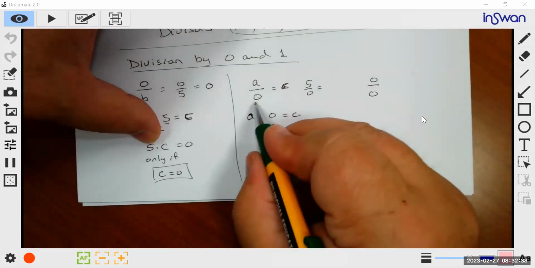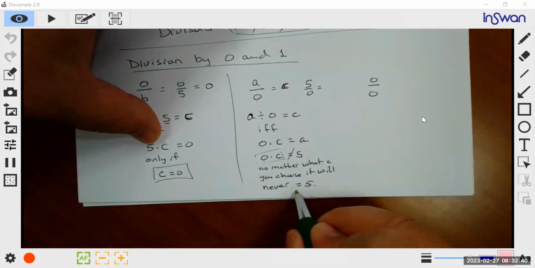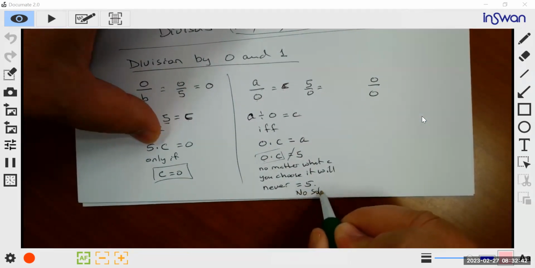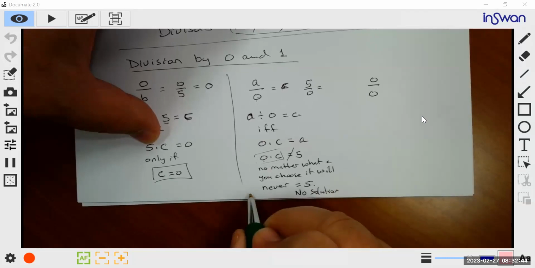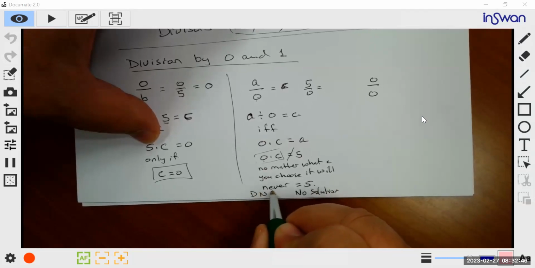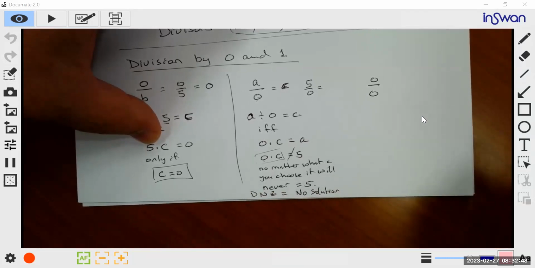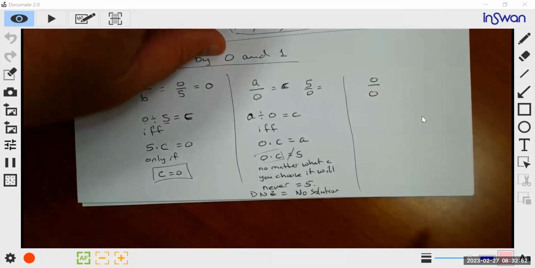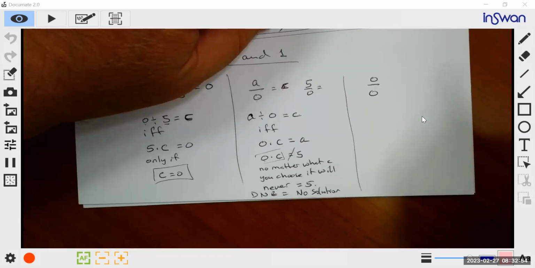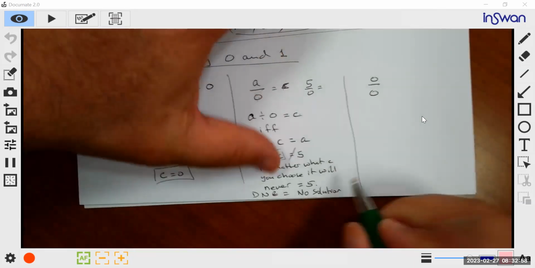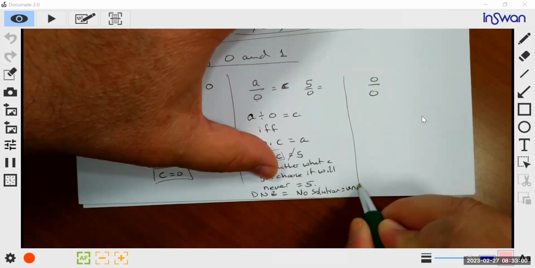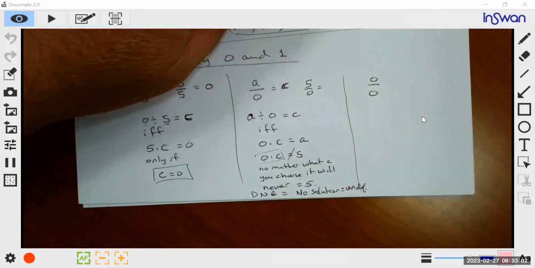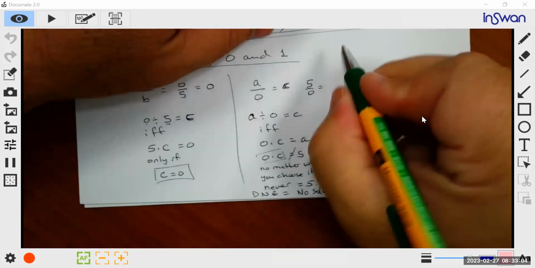So here, if you have 0 on the bottom, it's no solution or does not exist. Or you say it's undefined. All of them mean the same thing.